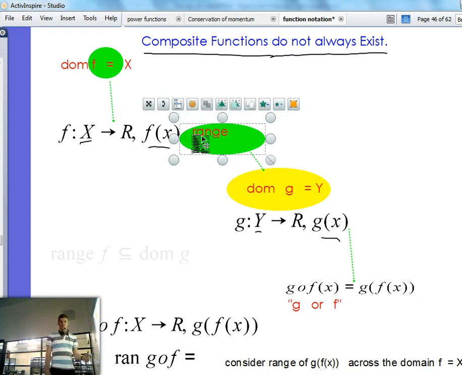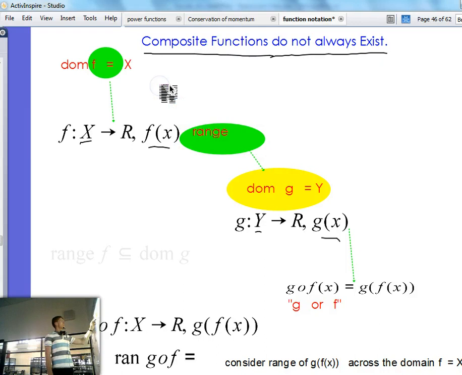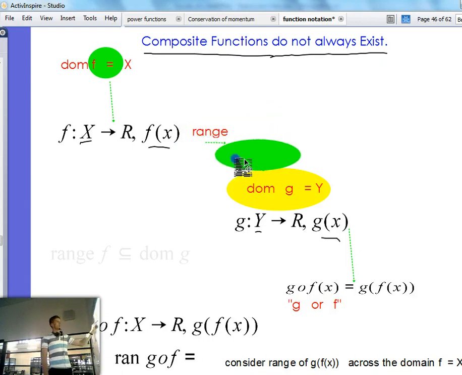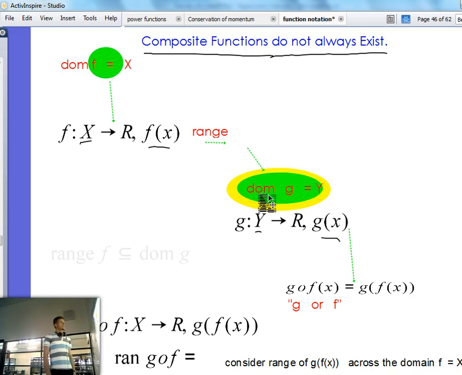So when we are trying to construct a composite function and we're substituting f of x into g of x, the range that we've obtained from f of x needs to fit into the allowed space for our function g of x. You need to imagine g of x having a domain, which we are calling y, as the box, and we can only put stuff in the box if it's going to fit.